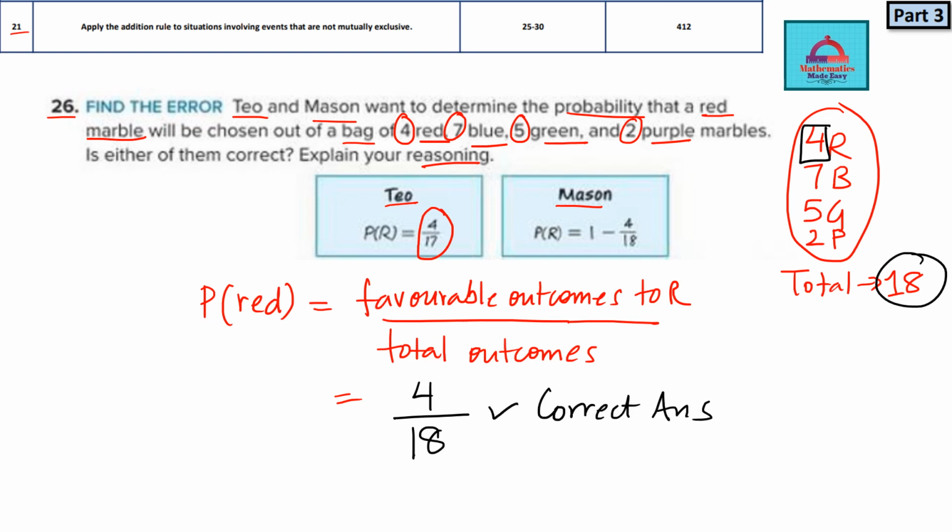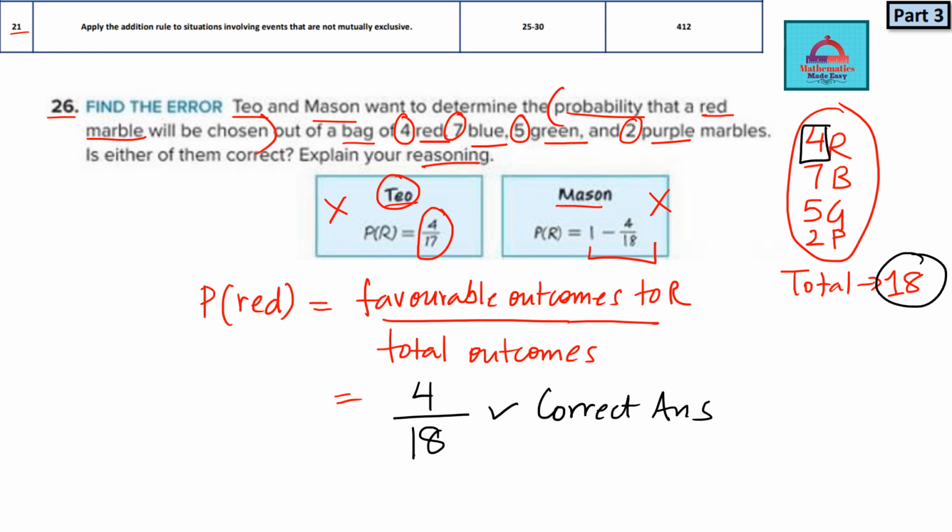Now, if you look at what these boys have done, Theo has done the total wrong and he has calculated 4 divided by 17. So definitely Theo is wrong. Let's look at Mason. Mason has done 1 minus this. That means he has taken a complement. So this is actually what Mason has found is the probability of not a red marble. So this is also wrong because you have to find in the question probability that the red marble will be chosen.